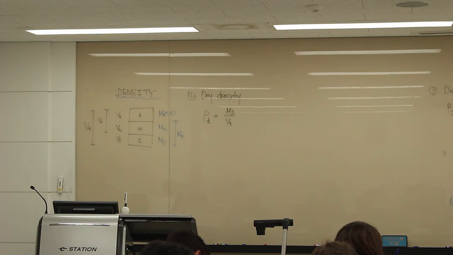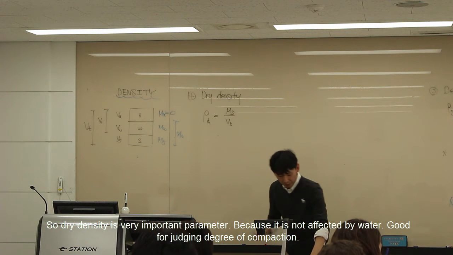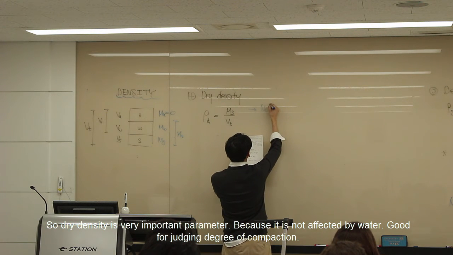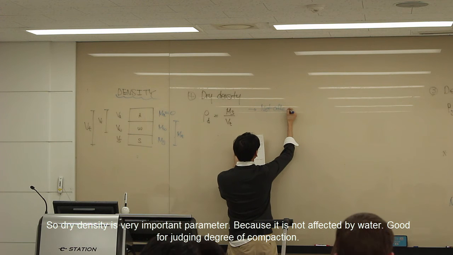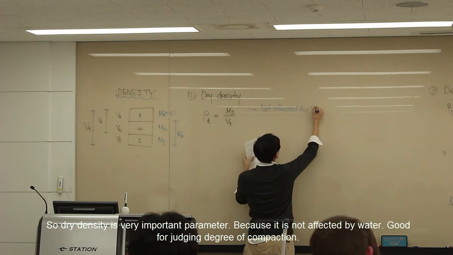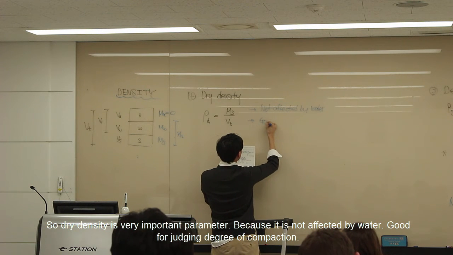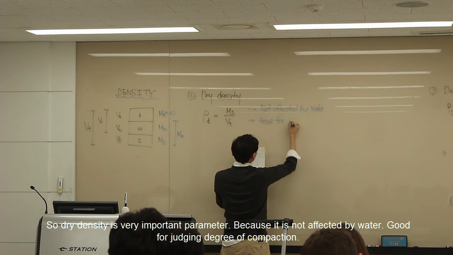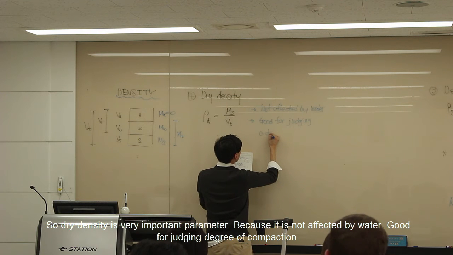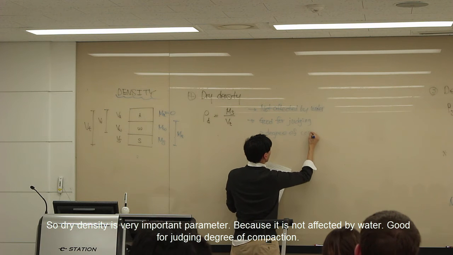So the dry density is defined as this, and this is a very important parameter because it's not affected by the water. It's good for judging the degree of compaction.